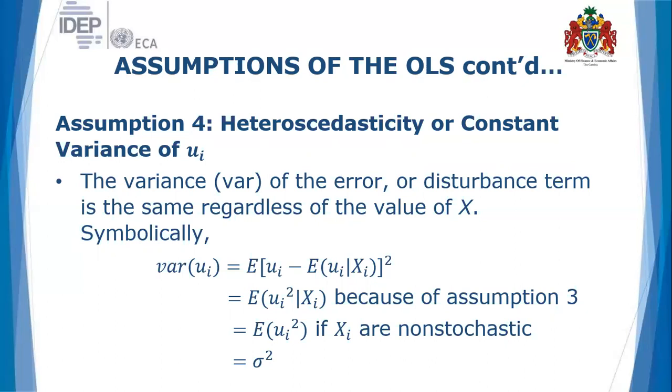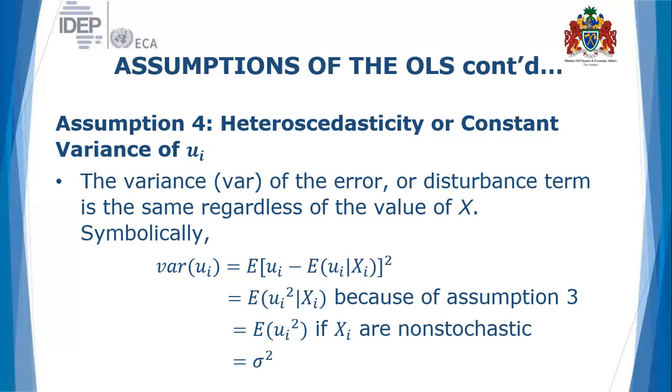Symbolically, this can be given as the variance of ui is equal to the expected value of [ui minus expected ui given xi] squared, which is equal to expected ui squared given the value of xi because of assumption 3, and expected ui squared if xi are non-stochastic.